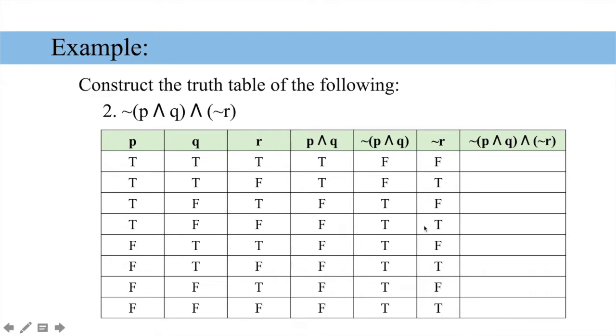So where is it true? This one, this, and this. So: false, false, false, true, false, true, false, true. So, this is the final answer.